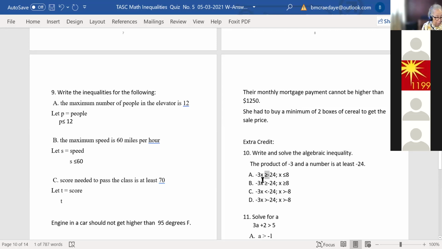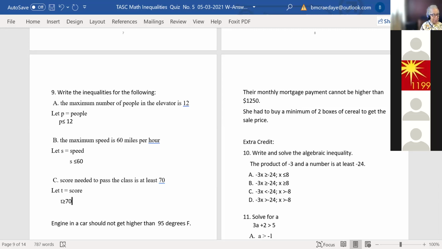Okay, here's one right here. T is greater than or equal to 70. So that's the way you would write it. In other words, you cannot pass this class unless you make 70 or greater.